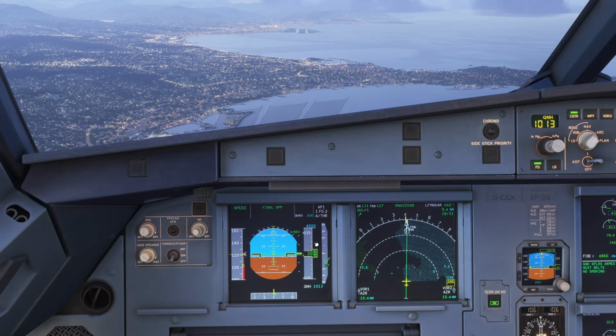Now the first trap is that pilots can get complacent. You may have flown a lot of Glideslope approaches, ILS approaches recently, and you may treat the VDEV scale in the same way as you treat the Glideslope scale. We have a tolerance which is acceptable on the Glideslope. You can be a dot above or below and recover from that.